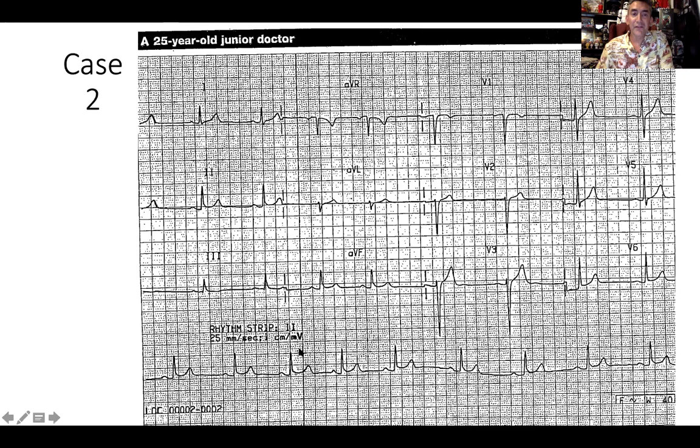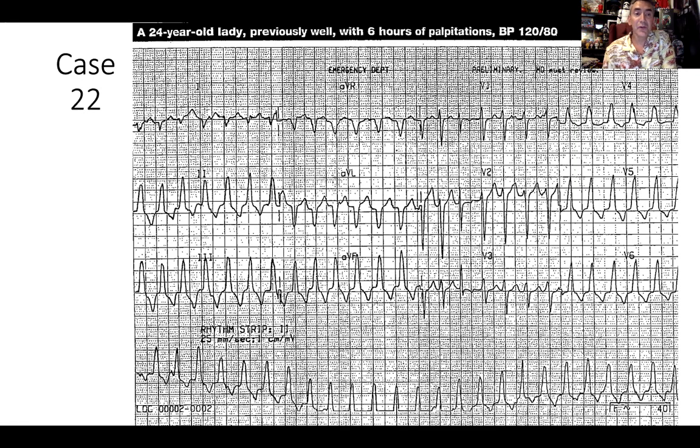This is a 25-year-old junior doctor, whom we would assume is healthy, someone who takes care of himself. But again, we would like to see the heart rate, whether it is rhythmic or arrhythmic, and if there is any type of abnormality there. Case two.